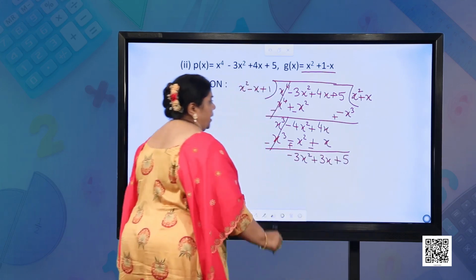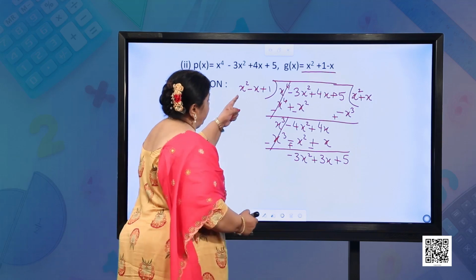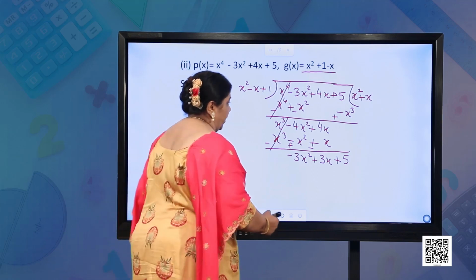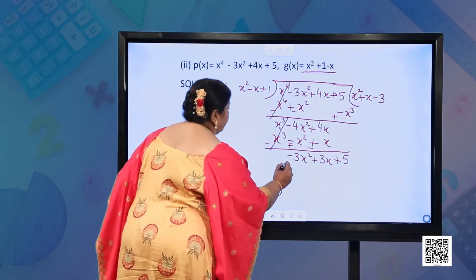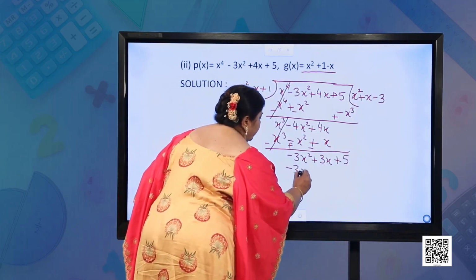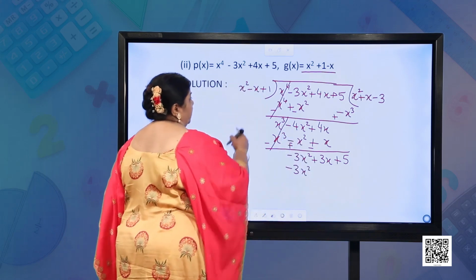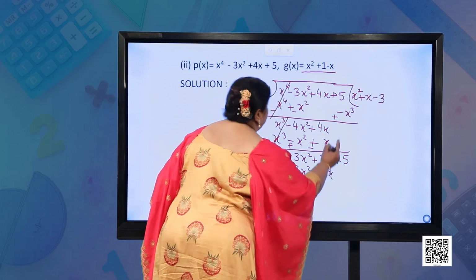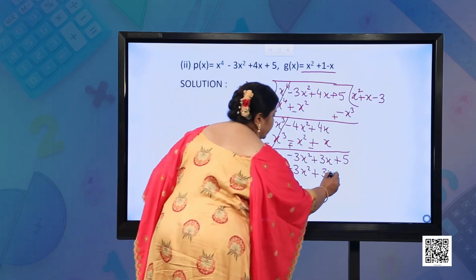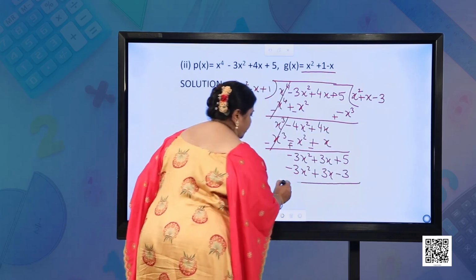Let us take down, and now just observe, we have x square, but I require minus 3x square. So, let me multiply by minus 3. I will get minus 3x square, minus 3 into minus x is plus 3x, minus 3 into 1 is minus 3. Okay.